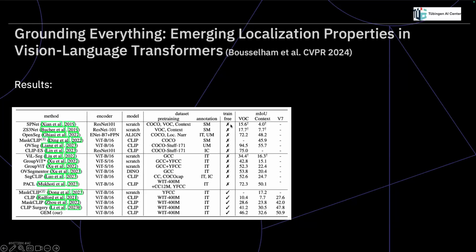So interestingly, you see for Pascal VOC, training-free methods are not able to outperform them. The interesting thing is that once your datasets get larger, so they start having more classes, for example like Pascal Context, then those training-free methods are getting competitive.